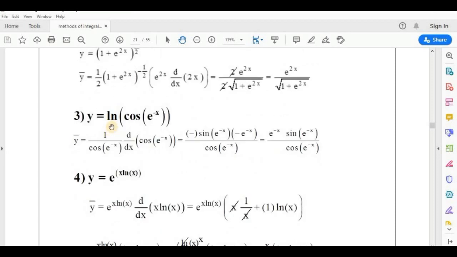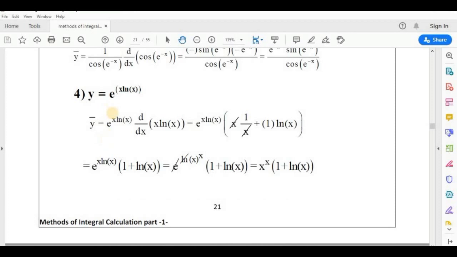Here we have ln. What is the derivative of ln? It will be 1 divided by g(x), multiplied by the derivative of g(x). Same here, we keep the exponential as it is, and multiply by the derivative of g(x).